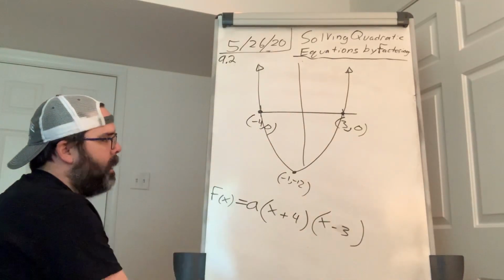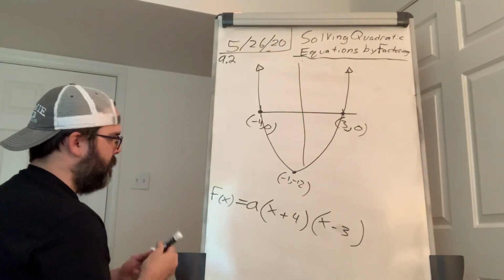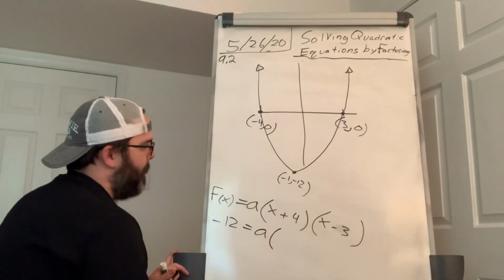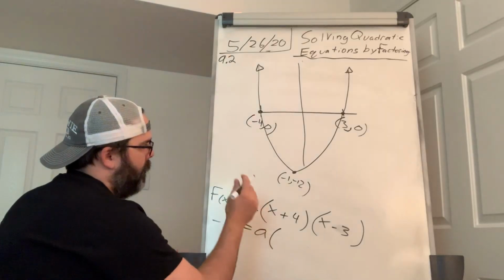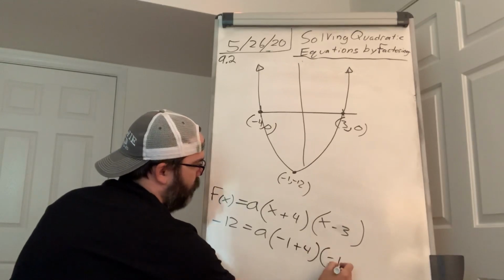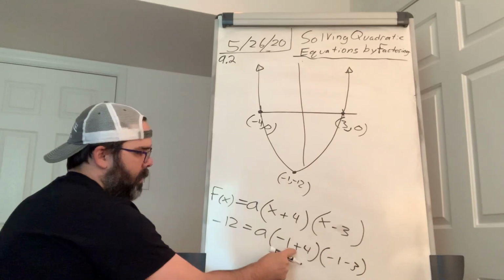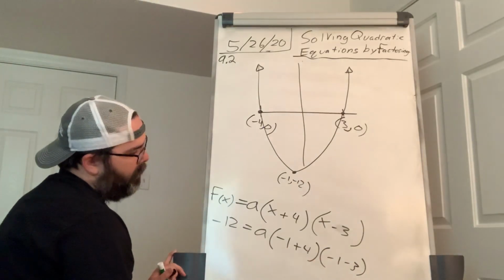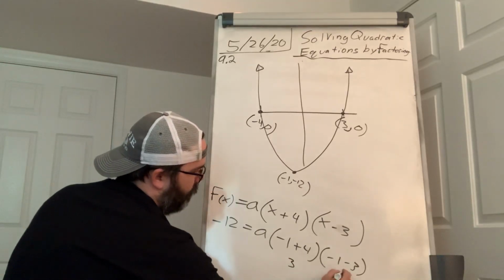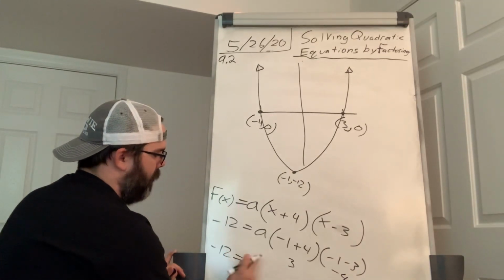Okay. Finding A, we need to take the vertex. We plug -1 in for x and -12 in for y. So this becomes -12 equals A times -1 plus 4 times -1 minus 3, and then we just solve for A. -1 plus 4 is 3, and 3 times -4 is -12, so this is -12 equals -12A.